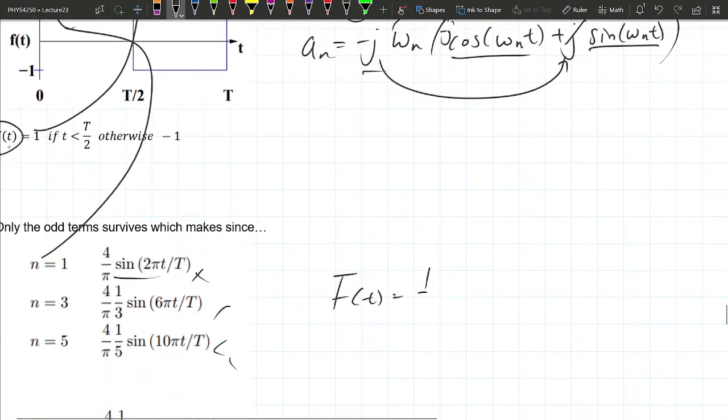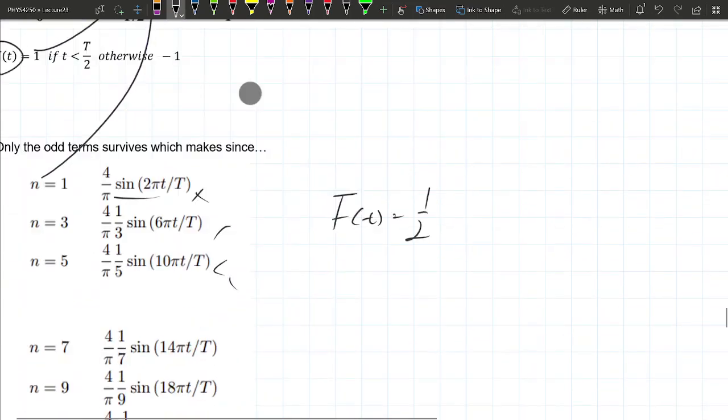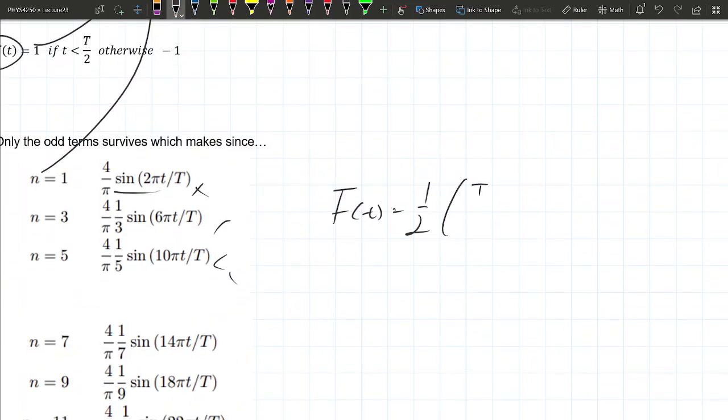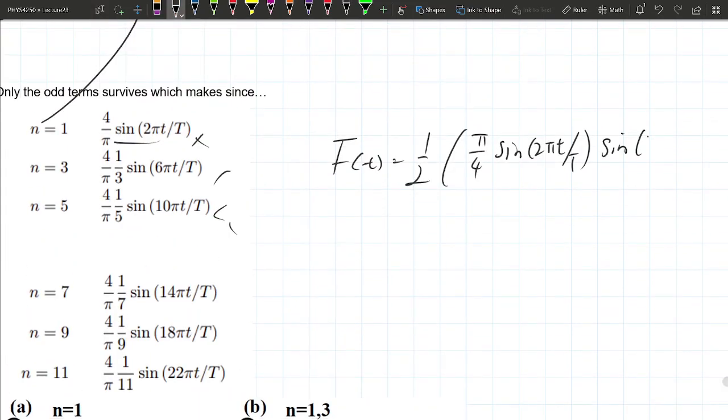1/2, and then this first one is pi over 4 sine of 2 pi t over T, times sine of, well, omega 1 is going to be, I think, 2 pi over T times t.